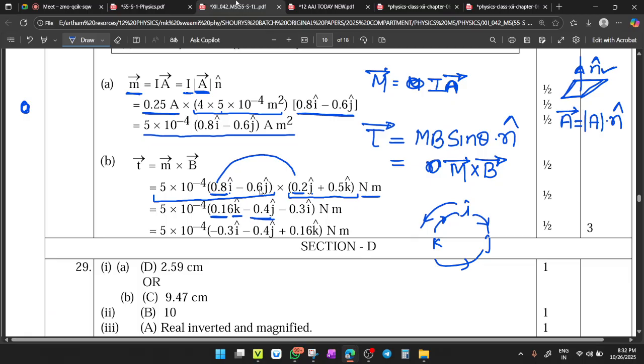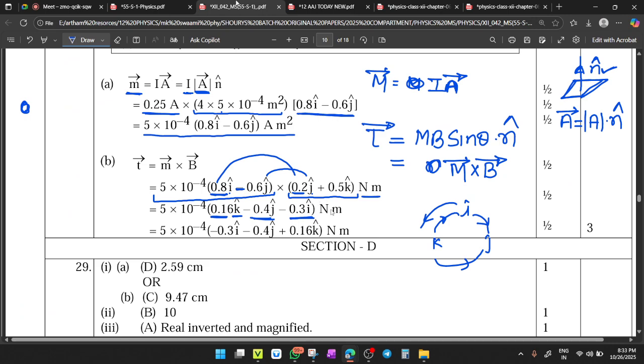Now minus 0.6 j cap into j cap. Now j cap cross j cap becomes 0, because cross product of the same vector gives 0. Clear? And minus 0.6 multiplied by plus 0.5 k cap. Okay, 0.6 into 0.5, 6 fives are 30, so it will be 0.3. And j cross k equals how much? j cross k equals positive i cap, but one negative is here, so it will give you minus 0.3 i cap.